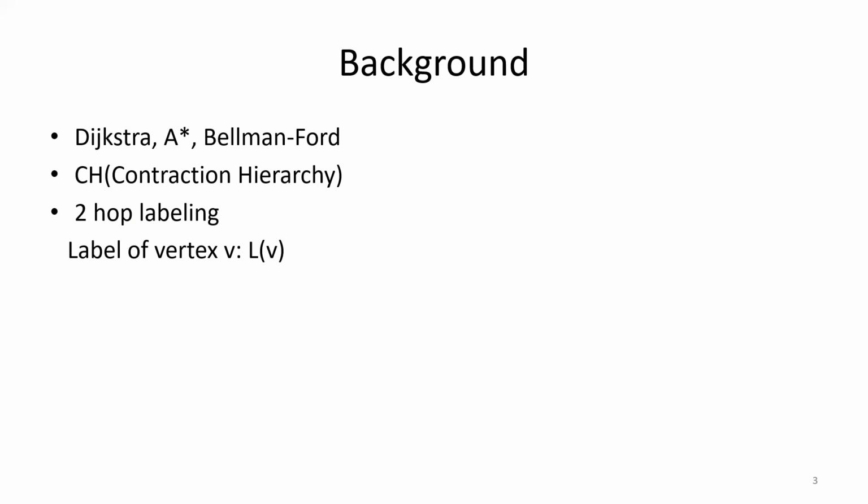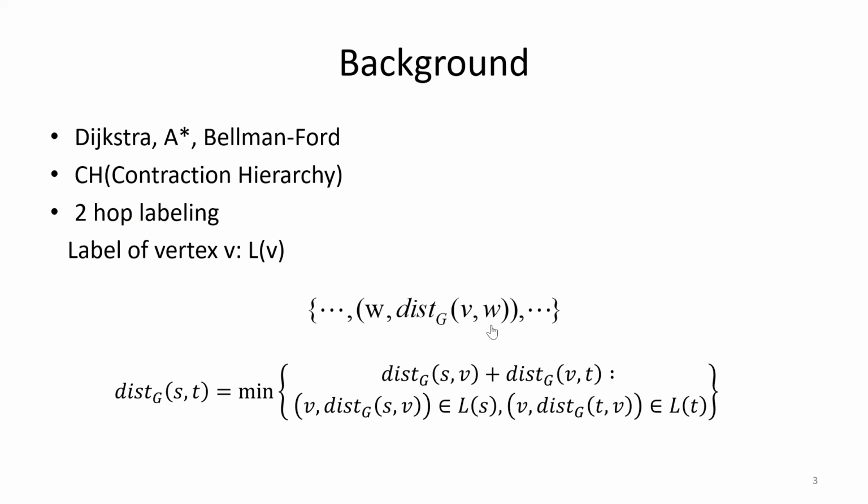The label of a vertex V is a list of pairs, where each pair contains a vertex W and the distance between V and W on the road network G. To answer a distance query from S to T, we should consider the common vertex, or we call it hop vertex, in the two query labels LS and LT, and return the minimal length of the path from S to the hop vertex V, then to the vertex T.